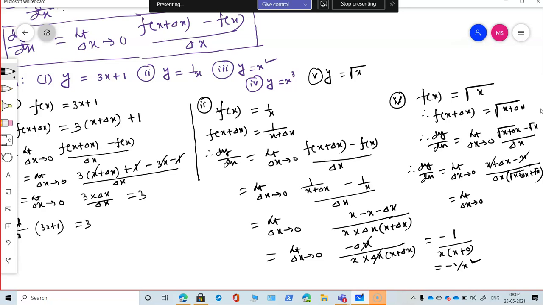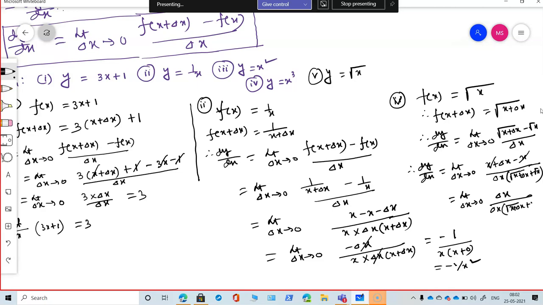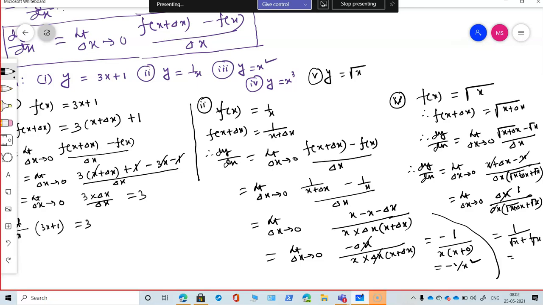So limit delta x tending to 0, delta x by delta x into root over x plus delta x plus root x. This gets cancelled. So answer is 1 by root x plus root x. So answer is 1 by 2 root x.